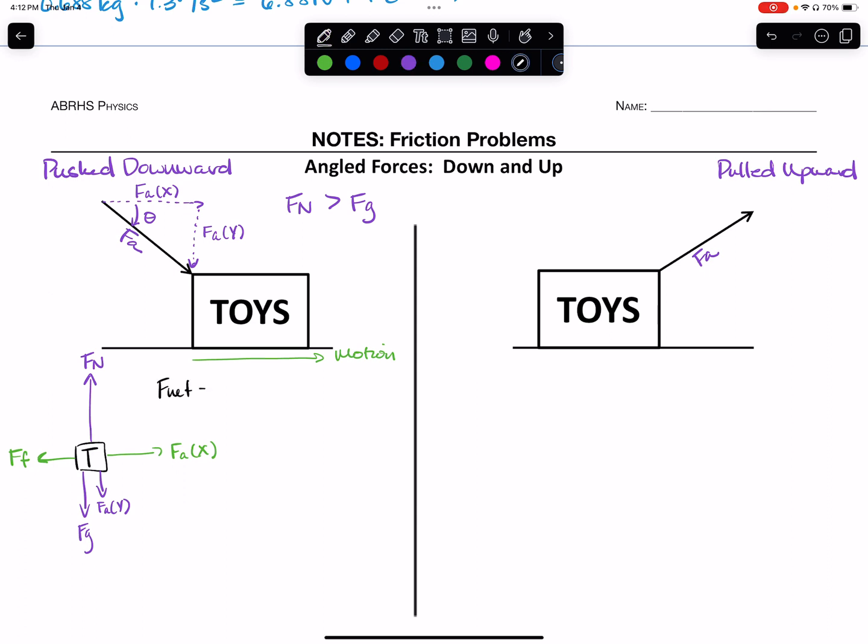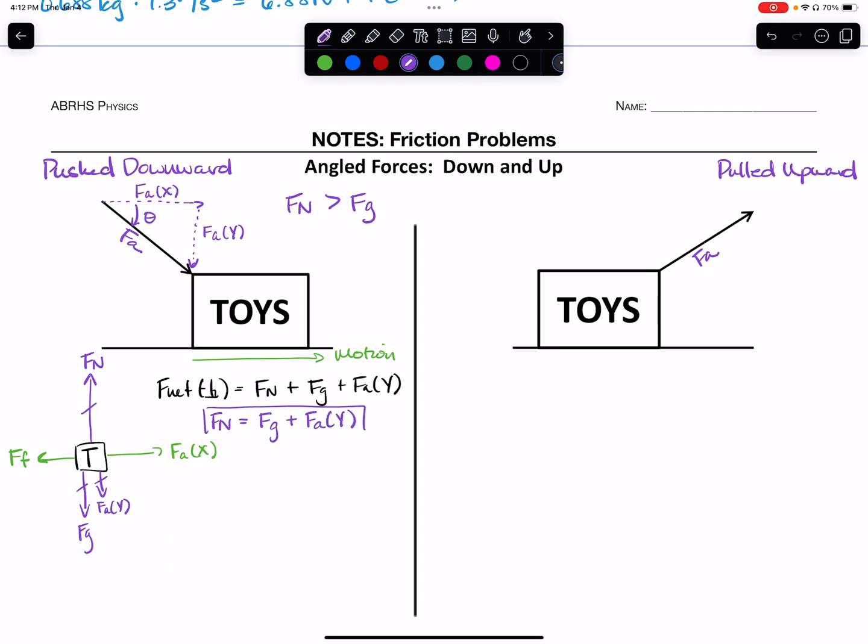Again, if we look at it in terms of F net, and we talk about the perpendicular portion, we're going to have our normal force plus our gravitational force plus the applied force in the Y direction. If we look at our diagram, these three together are equal and opposite. In other words, our normal force is equal to the sum of our gravitational force plus the Y component of that applied force.